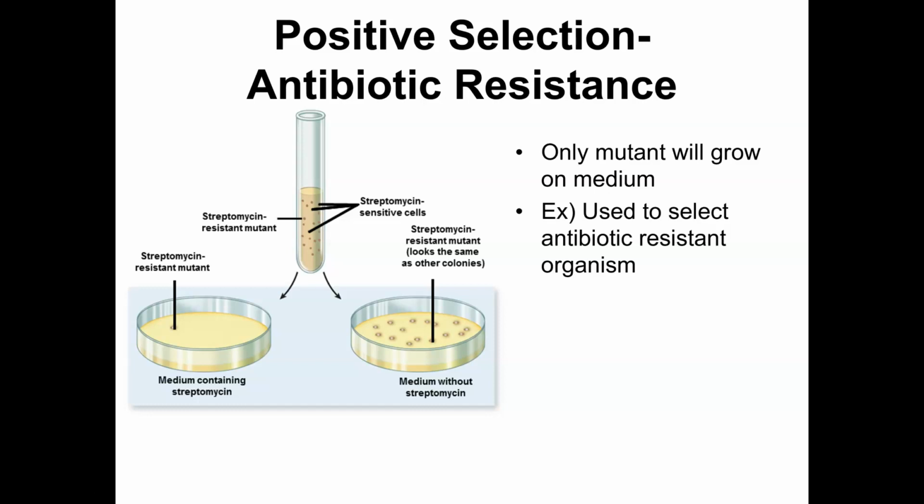You grow them on selective media. So here, we throw them on plates that contain streptomycin, the antibiotic in question. So at the plate on the left, if you get even a single colony, that's a mutant. That mutant is resistant to the antibiotic. Okay, the plate on the right, that's a control plate. No antibiotic, everything grows. Okay, so here, we select for the mutant.